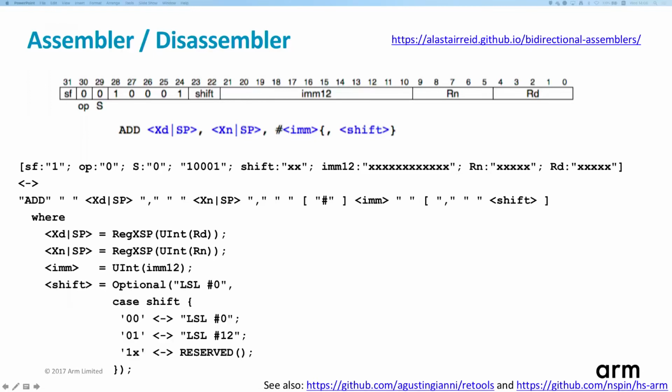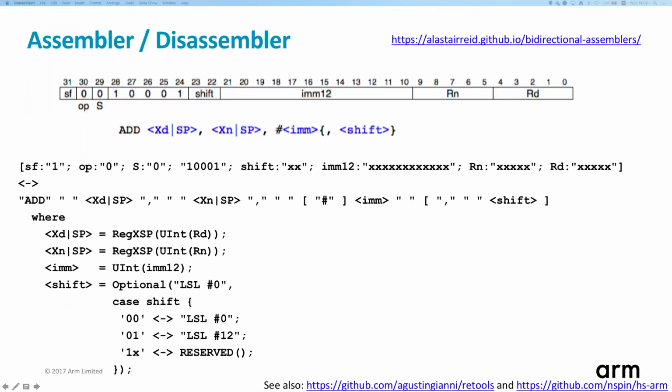I first transformed it into the code I'm showing at the bottom. This shows how to take a binary description of an instruction, the top line of typewriter font, and turn that into strings, which is what the code at the bottom describes. So you can use this as a disassembler.